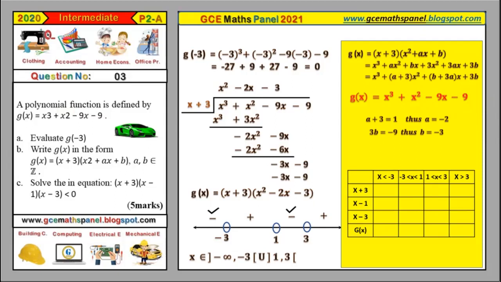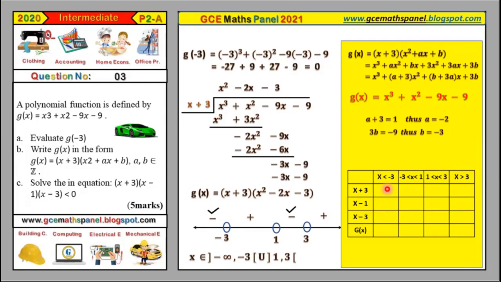And now, to solve g of x strictly less than 0, we can look at these different intervals that we discussed here: x is less than minus 3, x lies between minus 3 and 1, x lies between 1 and 3, and x is greater than 3.